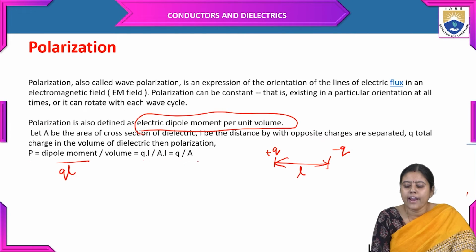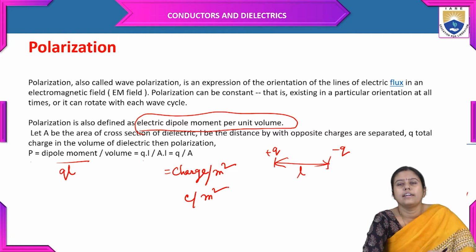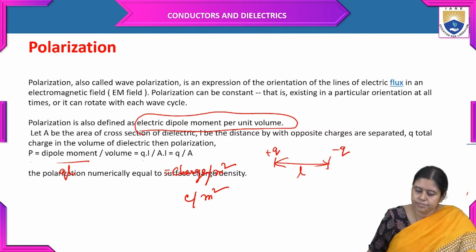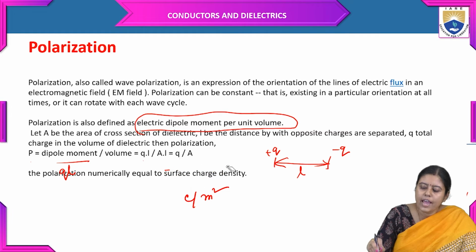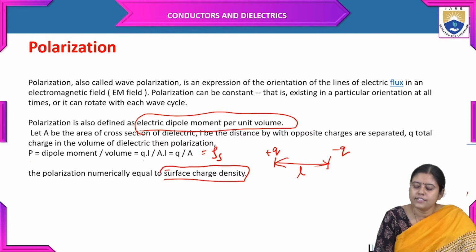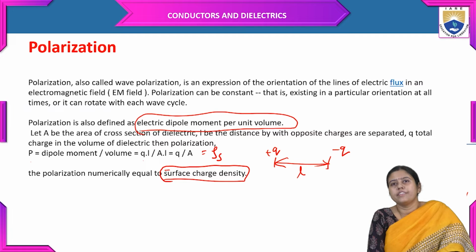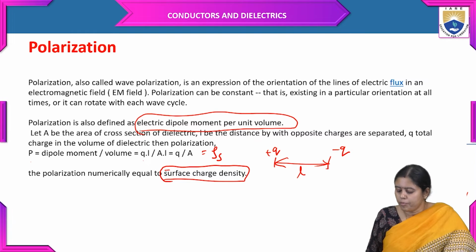So we can write Q by A, so charge per meter square, or coulomb per meter square, is known as the polarization. So polarization is also equal to rho s, or we can call it the surface charge density, but numerically, physically there is no relation between the surface charge density and the polarization.